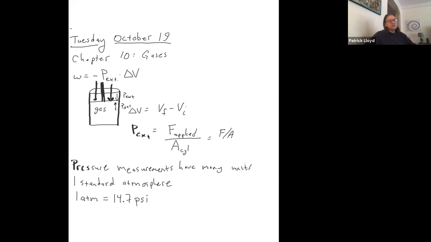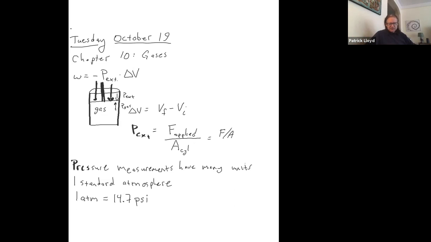Pounds is a unit of force in imperial units per square inch. A square inch is an area, right? Like a square foot is an area, a square yard is an area, a square mile is an area. A square inch is also an area. So it's really pounds force divided by square inch area, force over area, right?